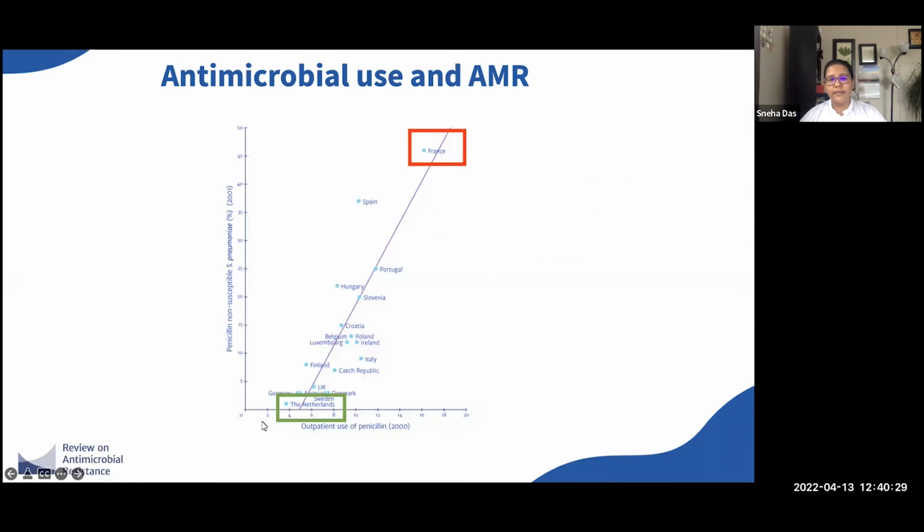On the other hand, the Netherlands was prescribing the least and also had the fewest cases of AMR. So there is definitely a correlation, and we can be sure that if we use antimicrobials more cautiously, then cases of antimicrobial resistance would go down.